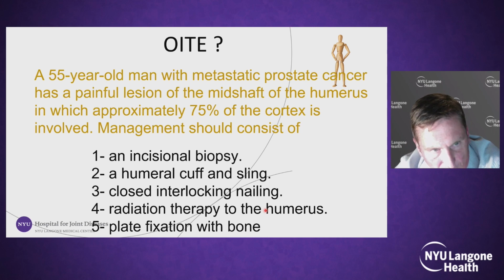Obviously, there are medical comorbidities and many, many patient factors that go into that discussion or thought process. But in general, somebody with a large destructive lesion of bone that's generally healthy, we're going to think about surgery.